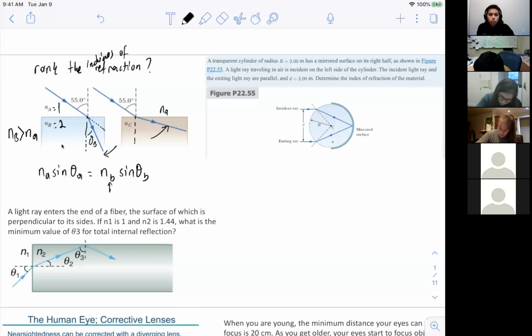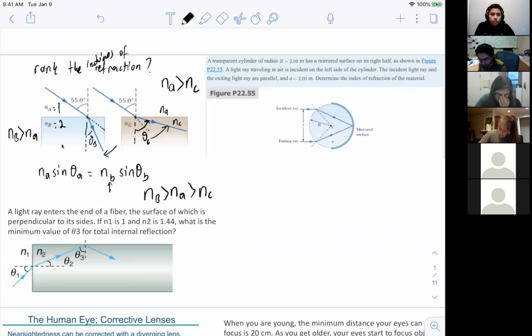The theta C, you see, is larger than the incident angle, which means NA is larger than NC. If you rank all of them, NB is larger than NA, NA is larger than NC. That's how you approach and solve this problem.